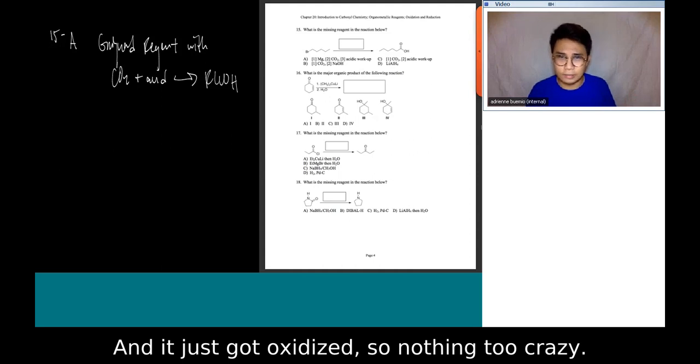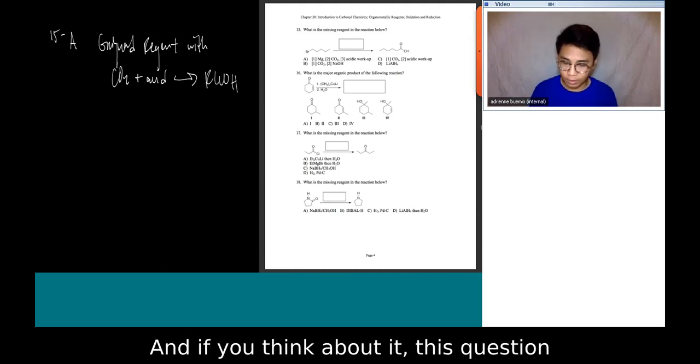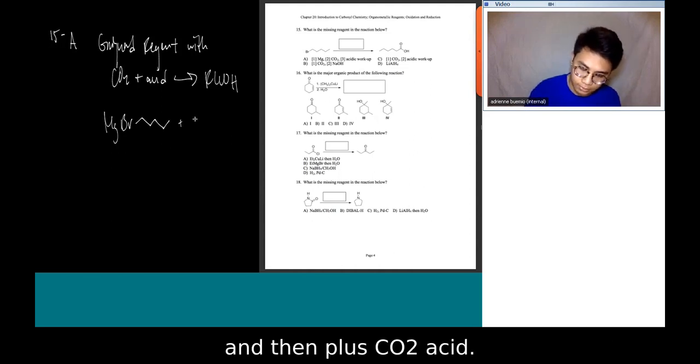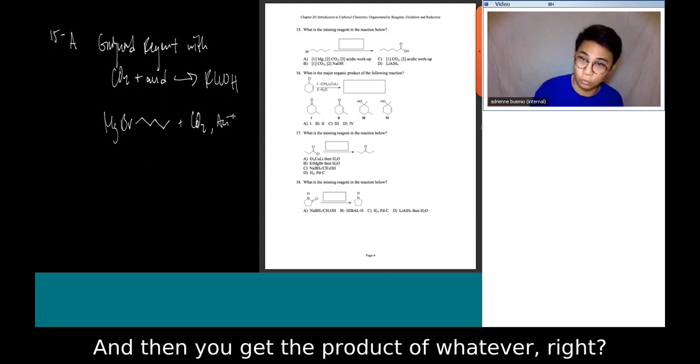So nothing too crazy. And if you think about it, the question you should be looking at is MgBr and how many carbons, plus CO2 acid, right? And then you get the product of whatever.